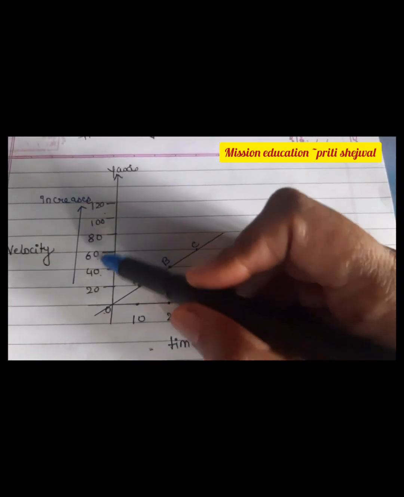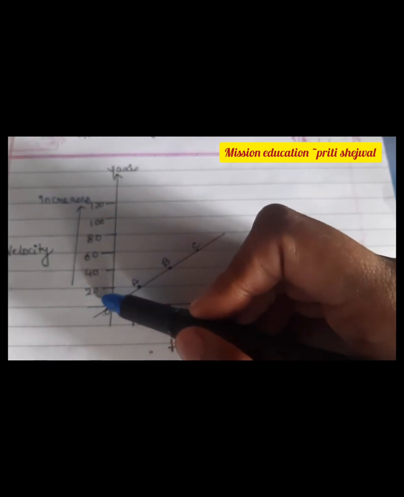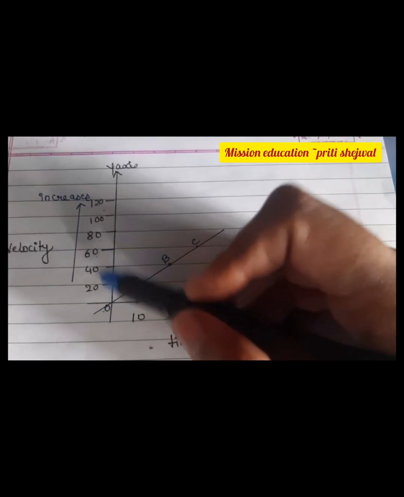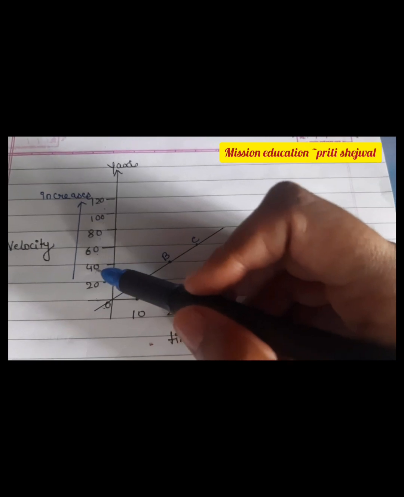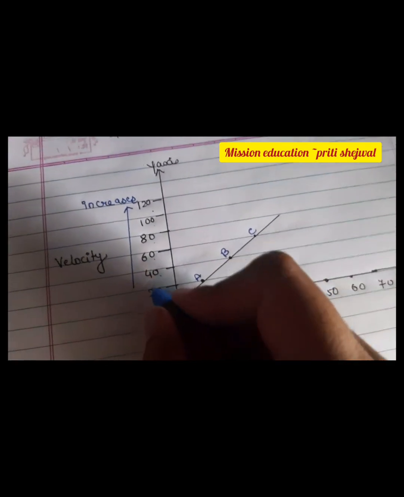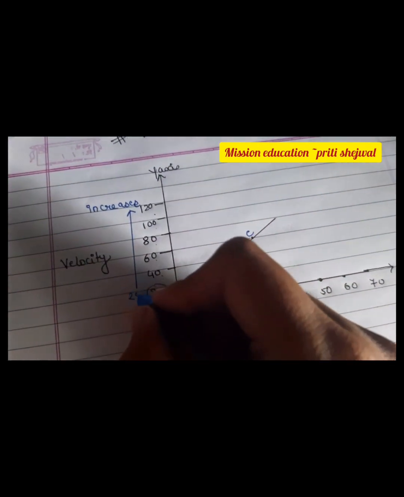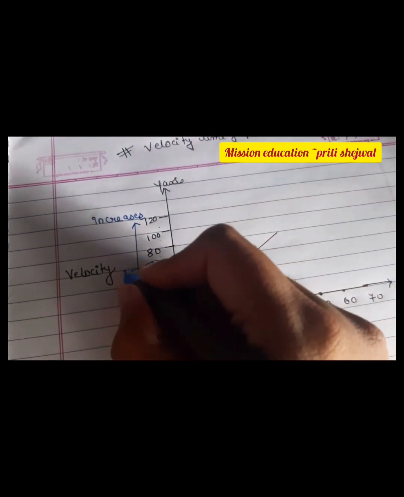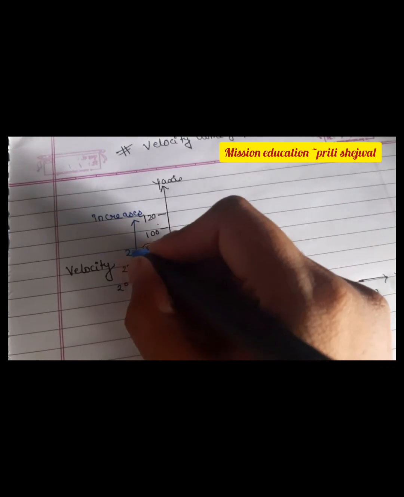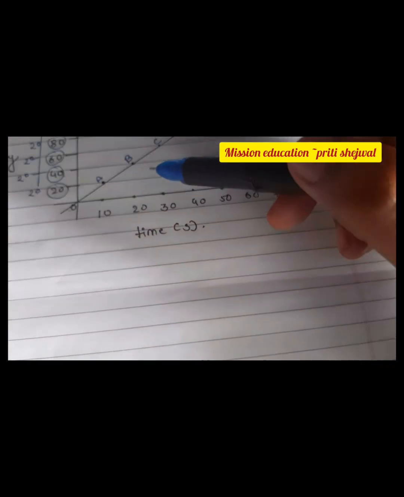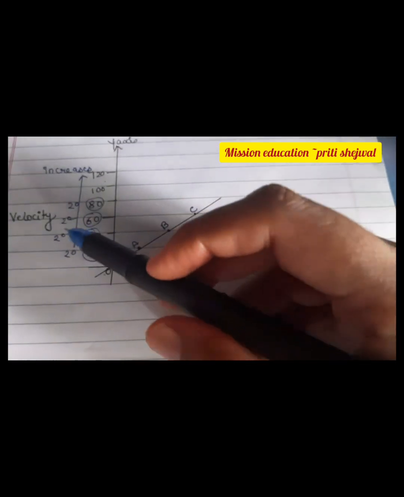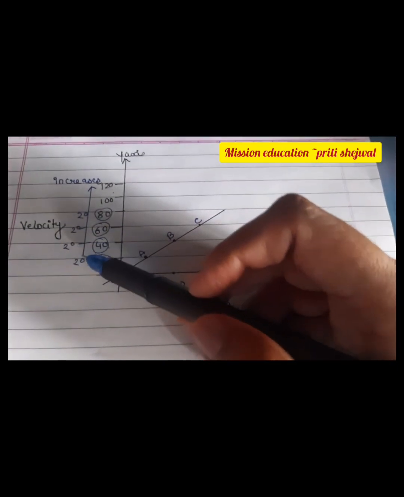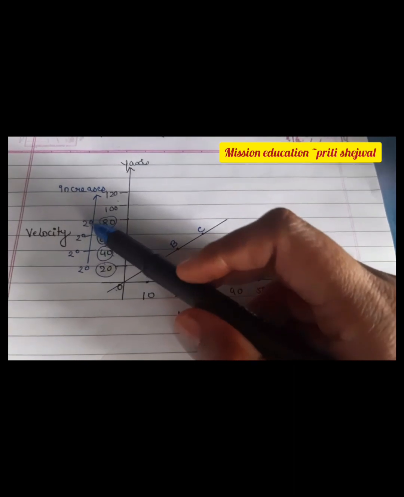Here the velocity is not constant, it is increasing. Yes, if I take 20, here also 20, again here 20, again here 20, then we can say it is uniform motion because the velocity is not changing, same, that is 20, 20, 20, 20.